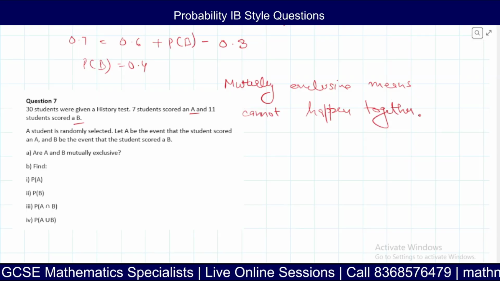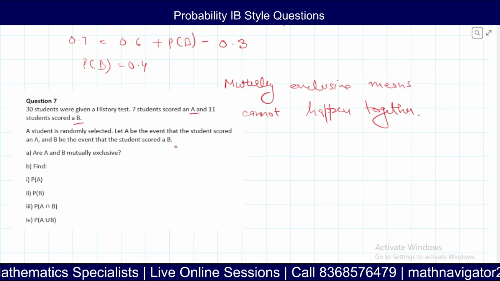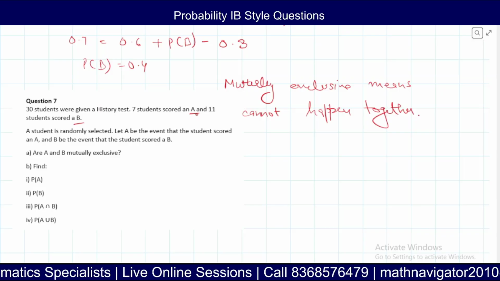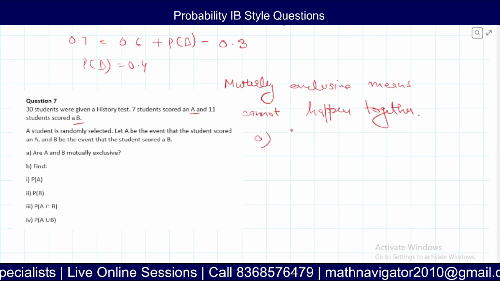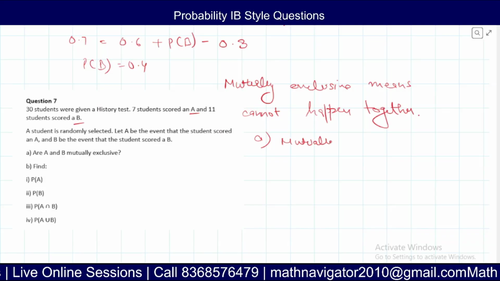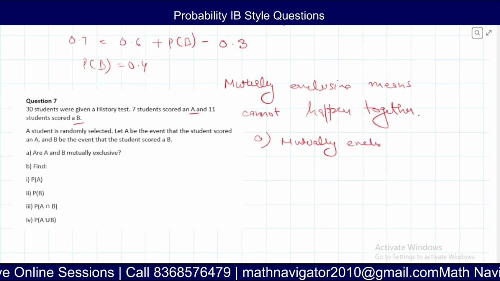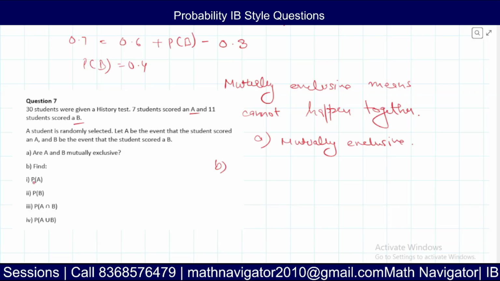So mutually exclusive events are those which cannot happen together. Obviously a person cannot get both A and B, so they are mutually exclusive. So the A part says mutually exclusive, right? Let's come to the B part.